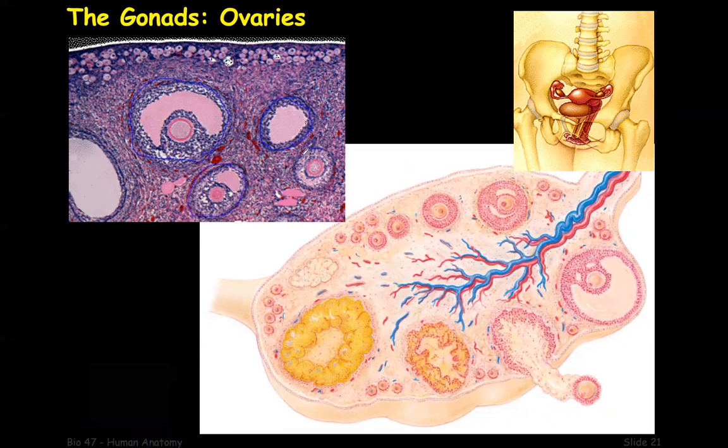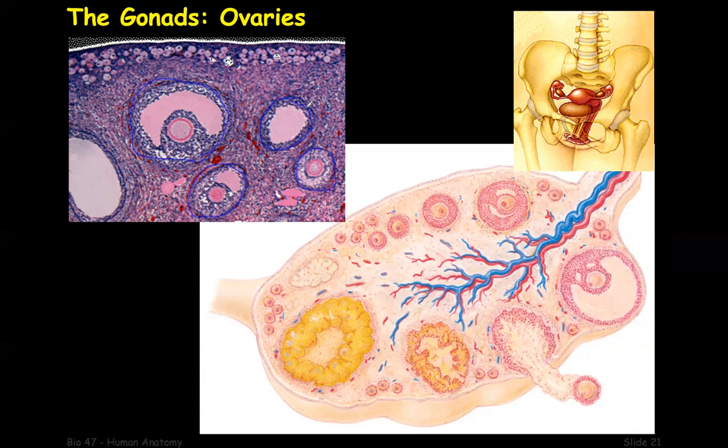Those are the primary follicles inside the oocytes, and all around the border of those follicles, that's where you find the granulosa cells, or the follicular cells. Those are making estrogen. Progesterone is produced by the corpus luteum.